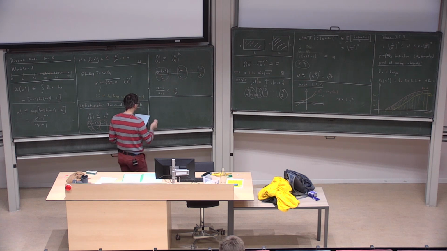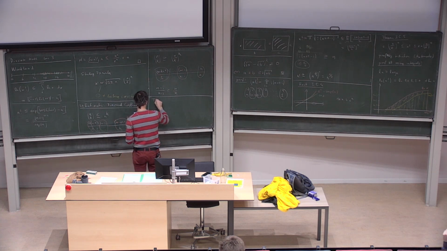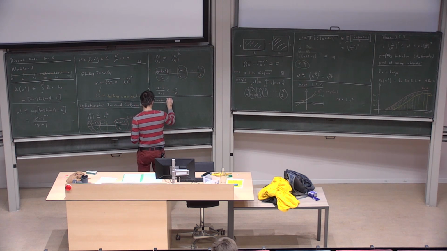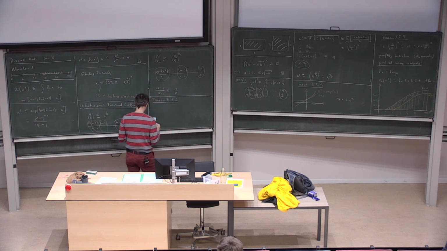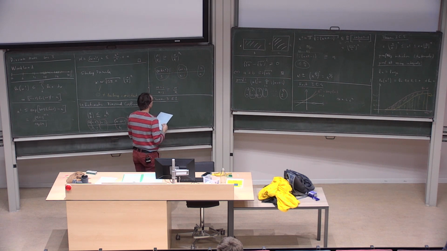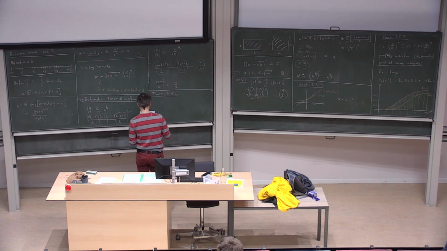But we can get a much better estimate. By the way, I think you can get even better estimates if you use Stirling's formula, but let's not do this for now. I think that's also the last proof I'm going to show for today.